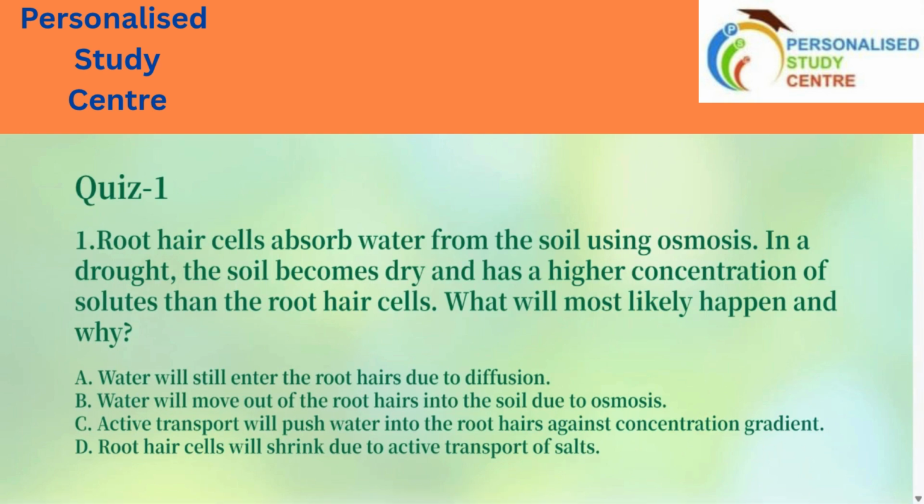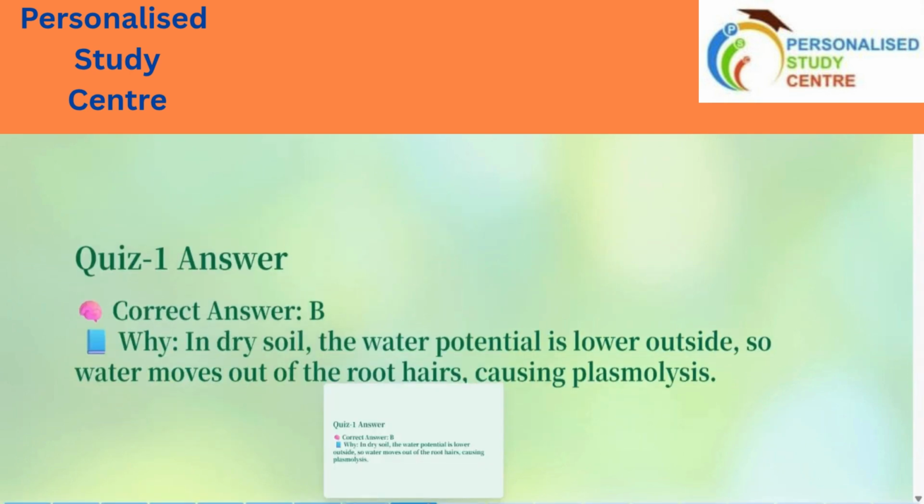There are four options A, B, C and D, and the right answer is B. Why? In dry soil, the water potential is lower outside, so water moves out of the root hair causing plasmolysis. So here the water is coming out from the root hair to the soil because the soil is dry. There is no water. So the particular condition is called plasmolysis, which we are going to study in class.